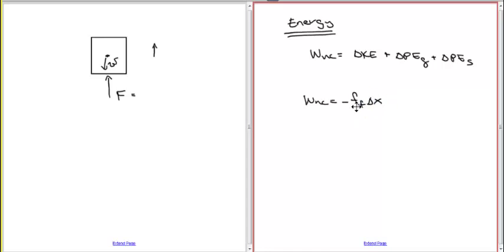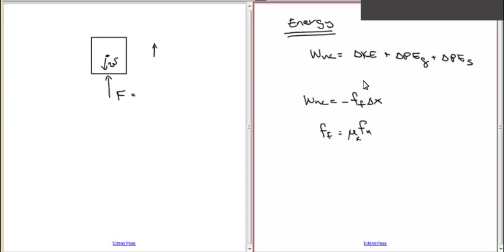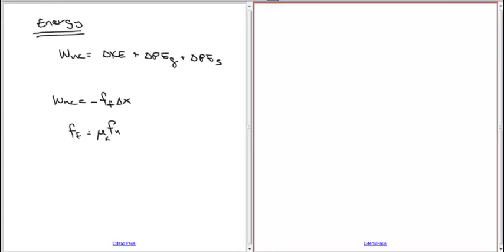And of course, the friction force is equal to the kinetic coefficient of friction, because it's moving, times the normal force. Anyway, you can look at the problem that we did for that particular test, just to review what we did. So that was energy.